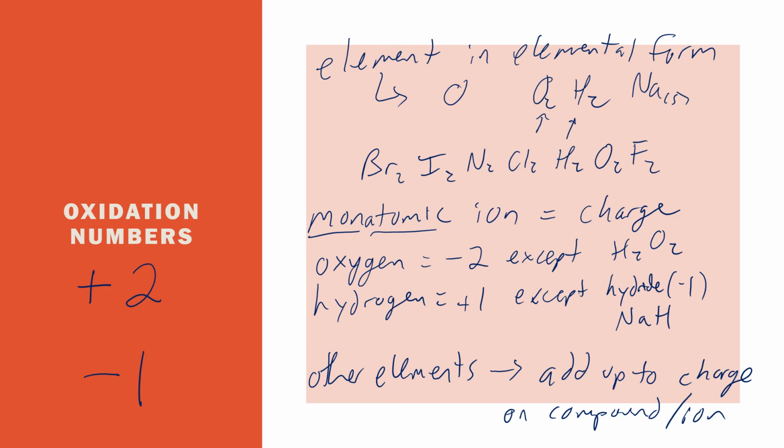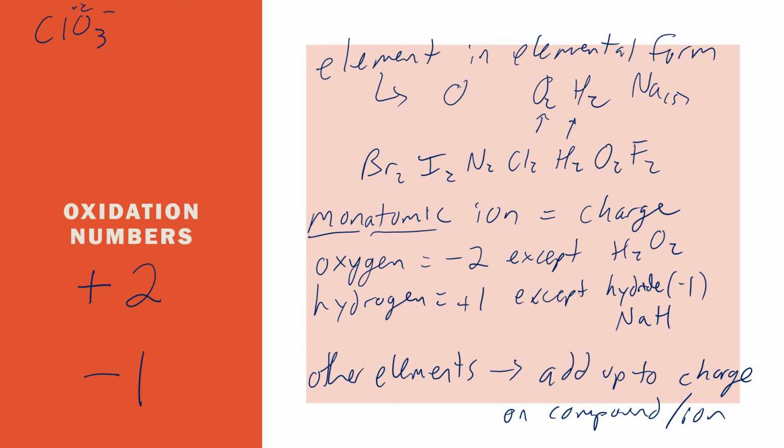Let's try out ClO3 negative. That's the chlorate ion. So chlorate, we've got oxygen in a compound, and it's not a peroxide, so the oxygen is going to be -2 for sure. But we don't know the chlorine. It's not a monatomic ion. It's not in its elemental form.